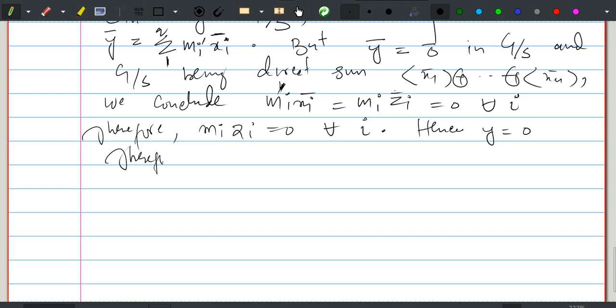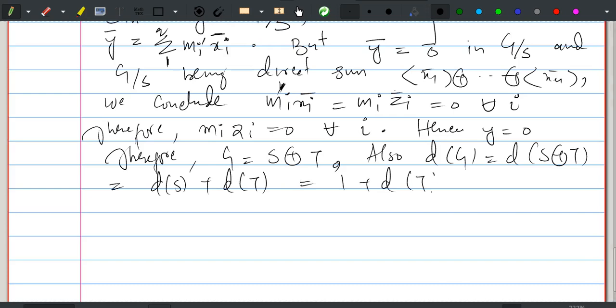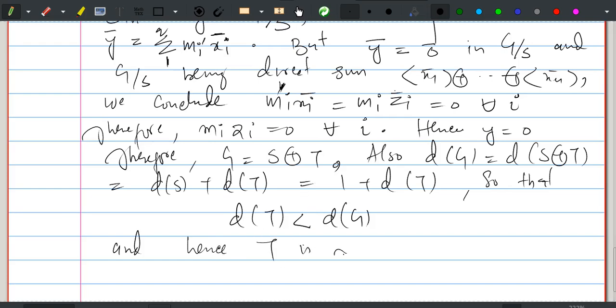Therefore this G is the direct sum of S and T, but D being additive over direct sums, we have D of G is the same as D of S direct sum T, which is D of S plus D of T. Now D of S is 1 plus D of T, so that D of T is less than D of G, and hence T is a direct sum of cyclic groups.